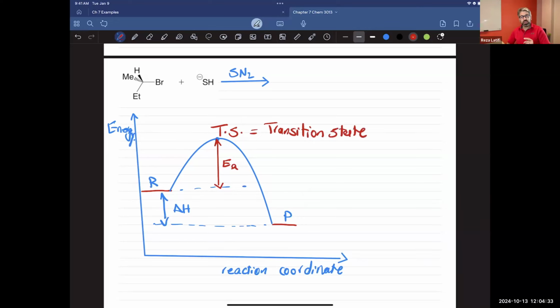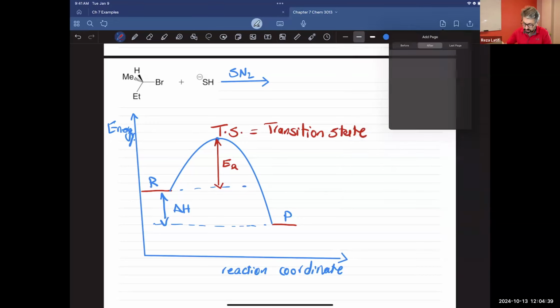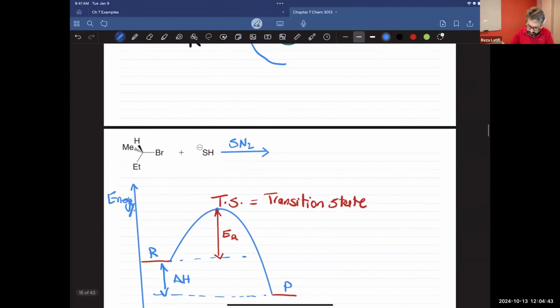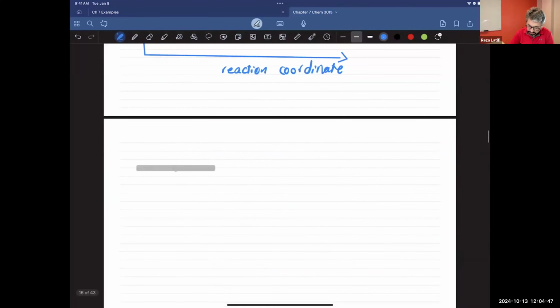I want to draw the geometry of the transition state. So you have this reaction, and inside the transition state, carbon will be completely planar.